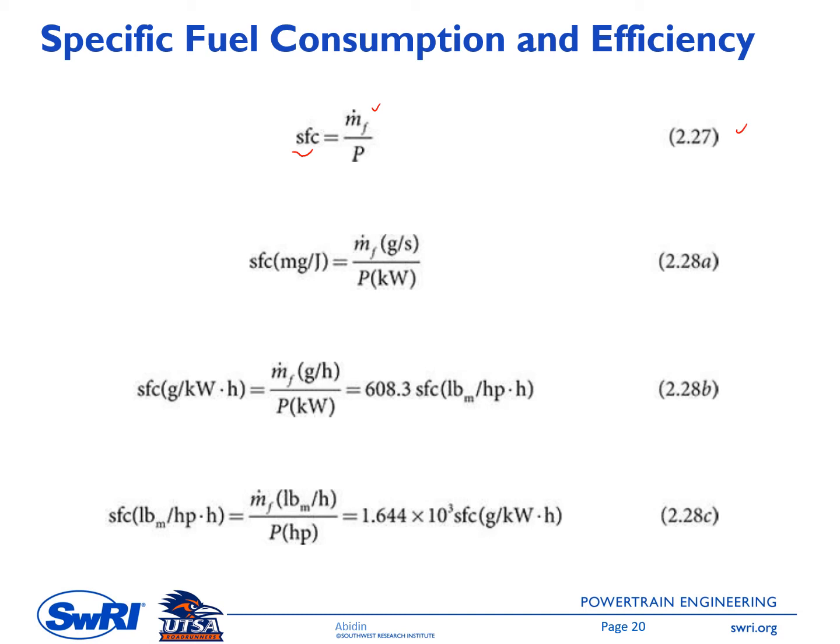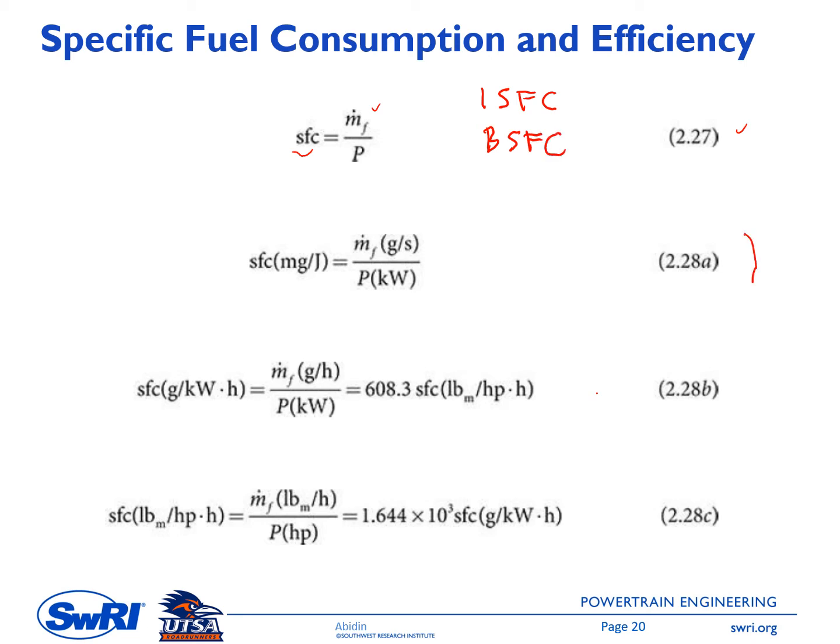This is one of the parameters to represent how efficient the engine is, depending on whether P here is gross, net, or brake. So you might have ISFC if it is indicated, or you might have BSFC.